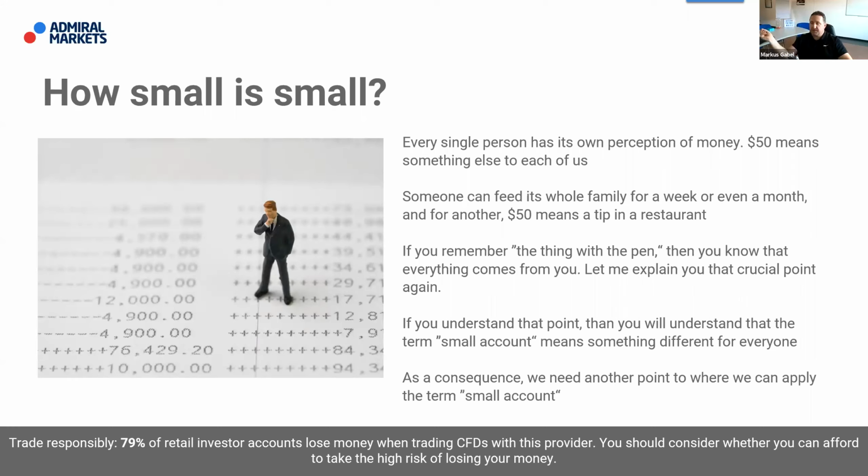In your opinion, it's a small account, maybe 1,000 euros. 1,000 euros for an African guy means almost an income for half a year. Everything comes from you, right? For you, it's a pen. For the dog, it's a chew toy. So this is old ancient wisdom, guys.